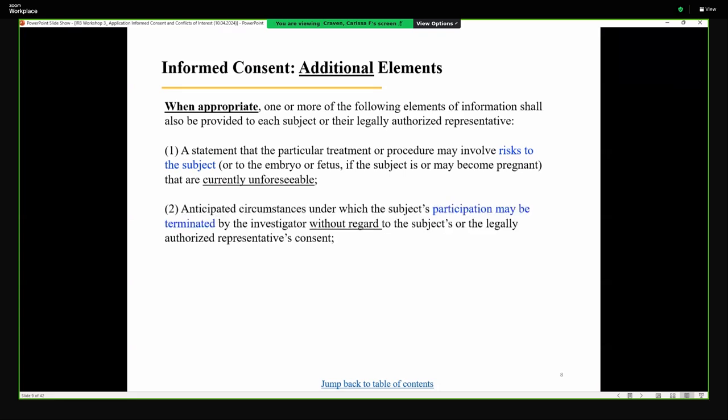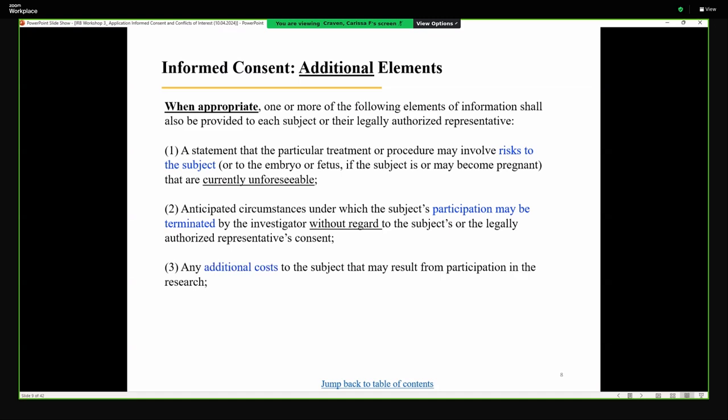If you, as the investigator, need to terminate participation without consent, that should be included in the form. If you are doing some sort of health survey and heart rate hits a certain level, they need to know at what point it's done. You cannot participate anymore. If there's a certain reaction, they need to know that you will terminate it even if they want to go forward.